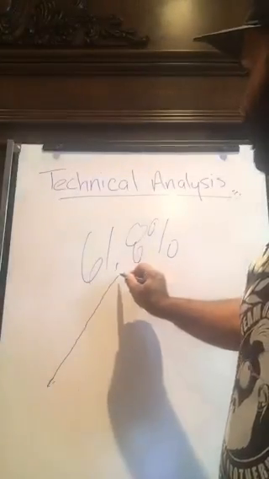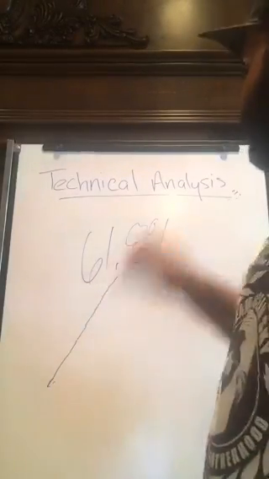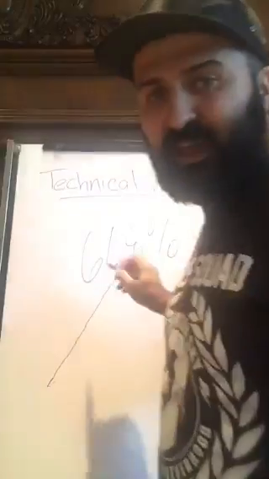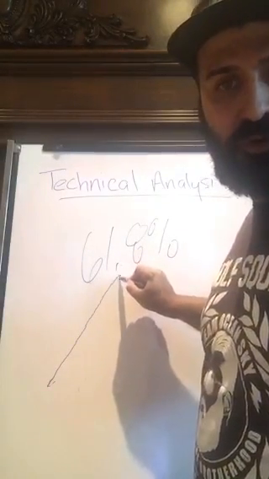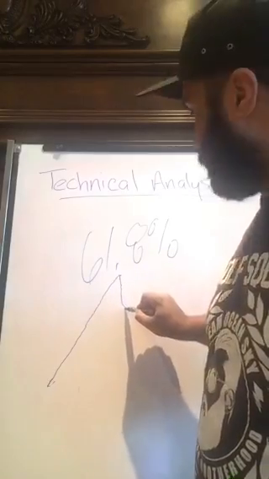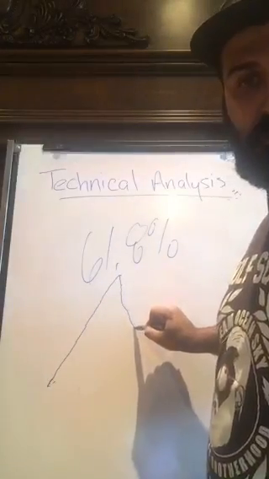So if we all get out and the price is going up, and we start selling, what is going to happen to this? What direction is it going to go? It's going to do this. Did the Fibonacci move it or did we move it? We moved it.